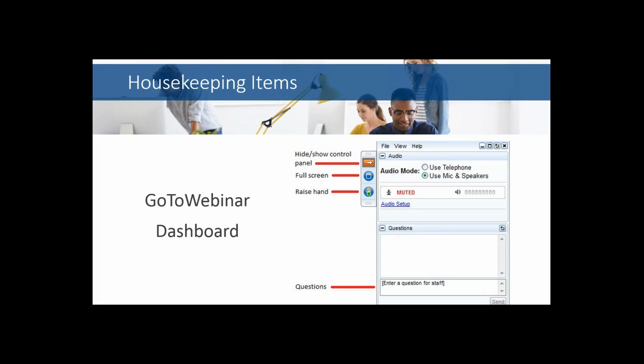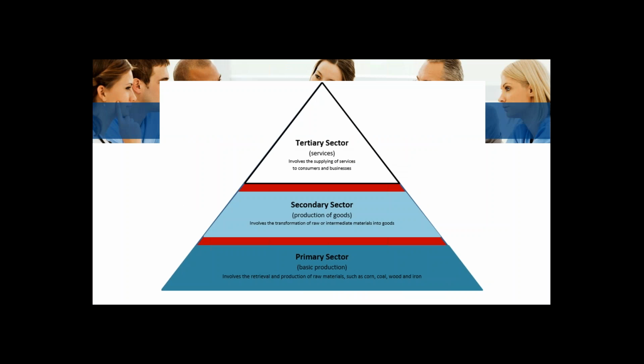All right. Well, happy afternoon to everyone, and welcome to our presentation. As we start, I wanted to give a little economic history. The pyramid in front of us represents the economy of a growing nation.